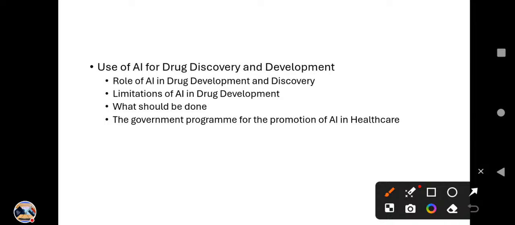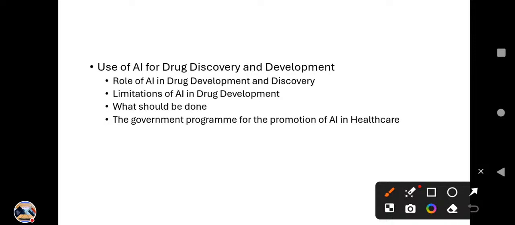Next role is in improved drug design. The artificial intelligence algorithms are very important to predict how a molecule will interact with a target protein, because artificial intelligence can guide a precision target to interact with the protein and will find out whether the protein is healthy or not.